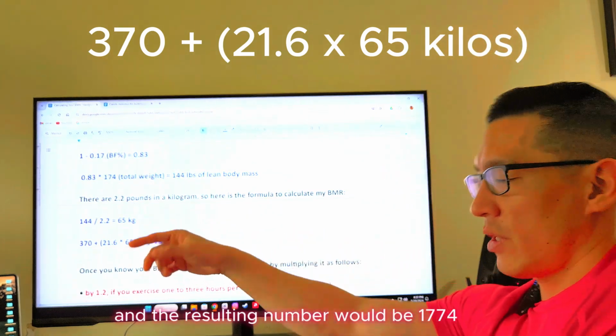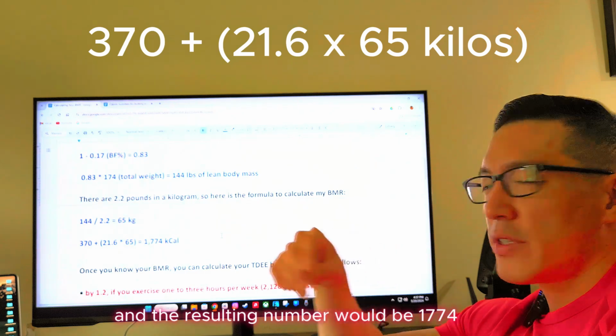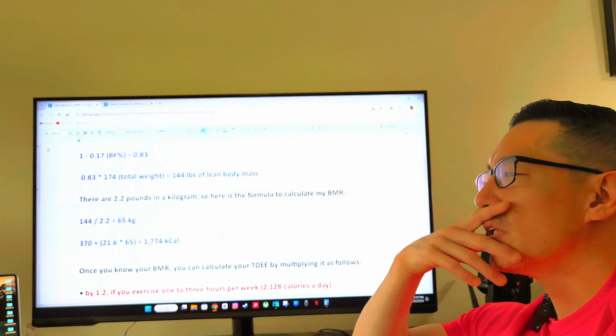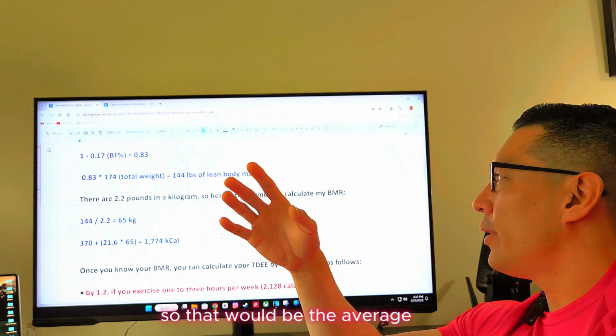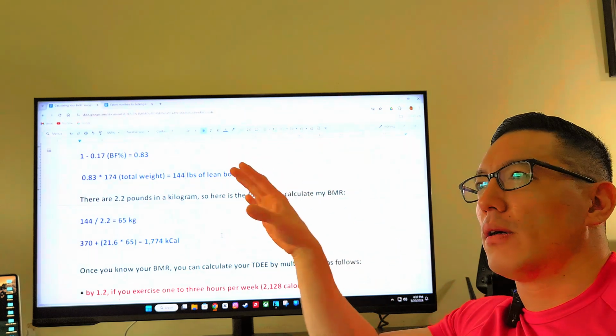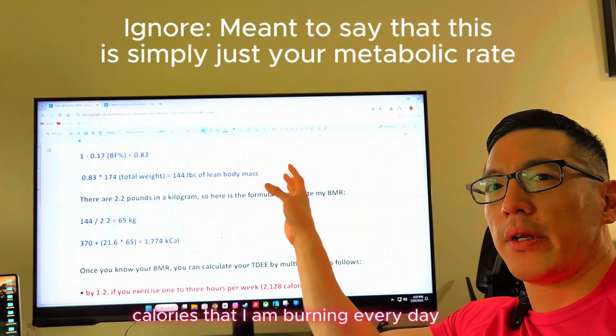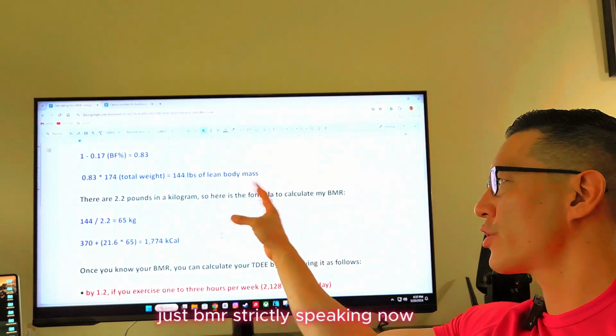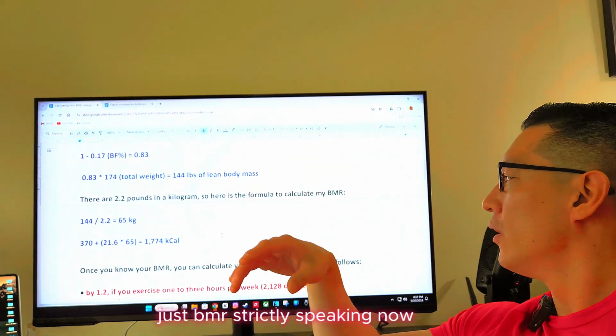And the resulting number would be 1774, expressed in calories. So that would be the average calories that I am burning every day, just BMR, strictly speaking.